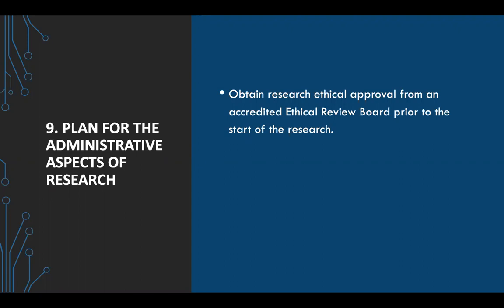Because not all phases of the research process are technical, you have to protect the participants who are potentially exposed to certain risks through participation in the research. And so it is important for a researcher to obtain ethical approval from an accredited ethical review board prior to the start of the research.